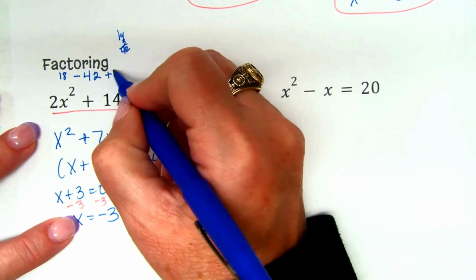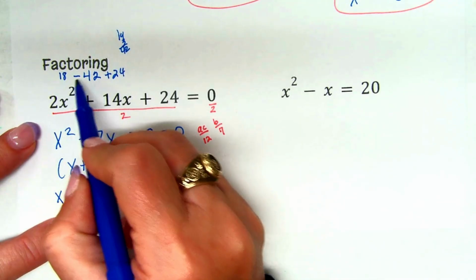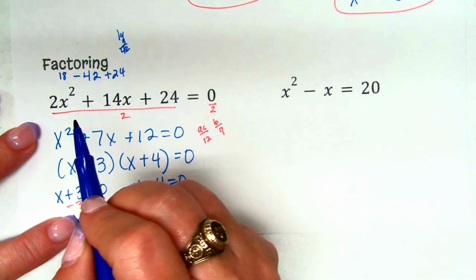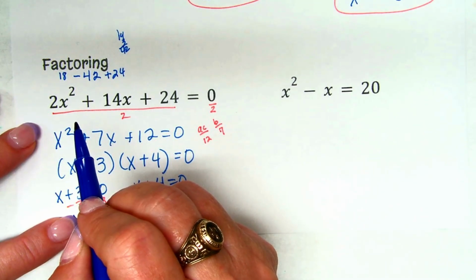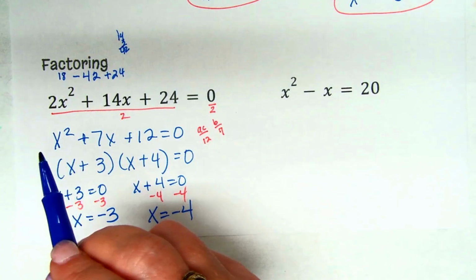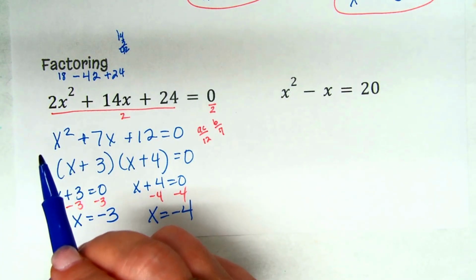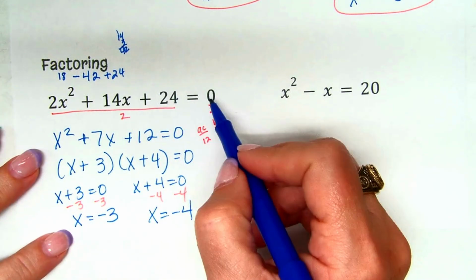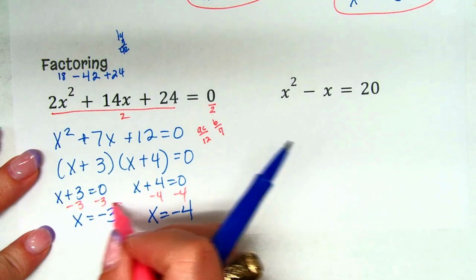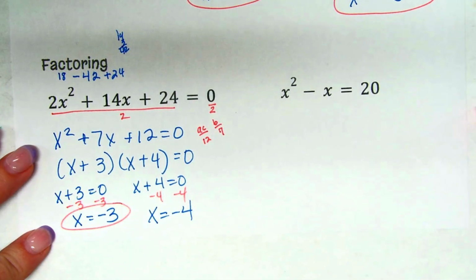And then plus 24. What's 18 minus 42 plus 24? It's 0. Does 0 equal 0? Then I know that that is a correct answer.